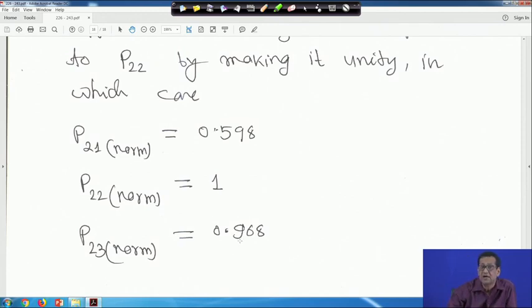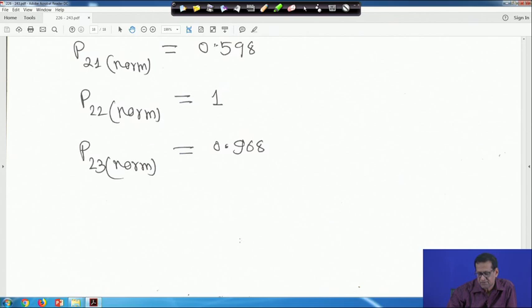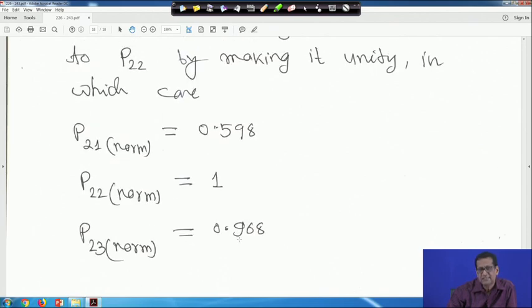This way one can find it. But in this case you notice that only magnitude is considered and it is normalized, and no angle is appearing here, only magnitude.